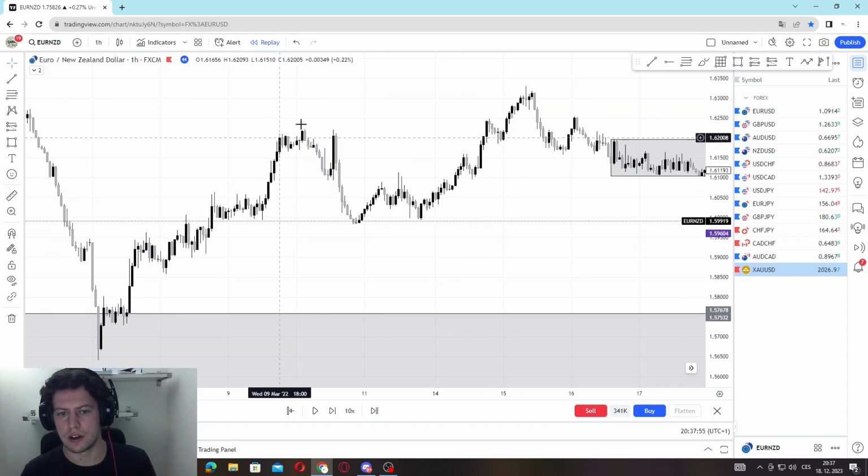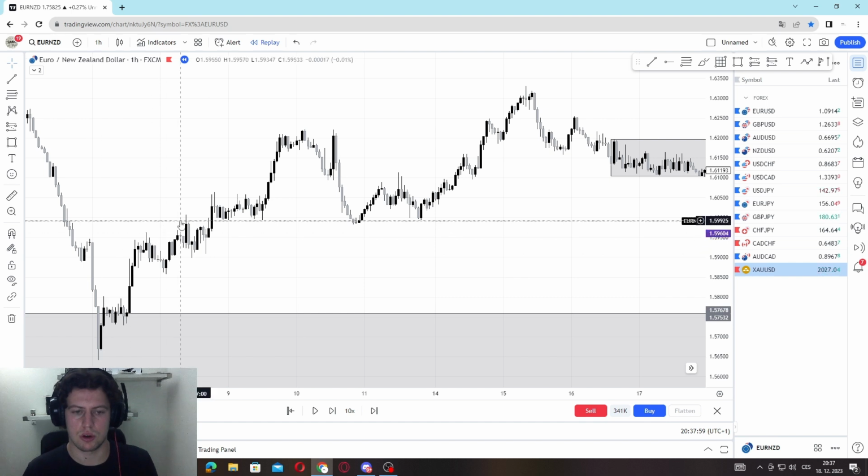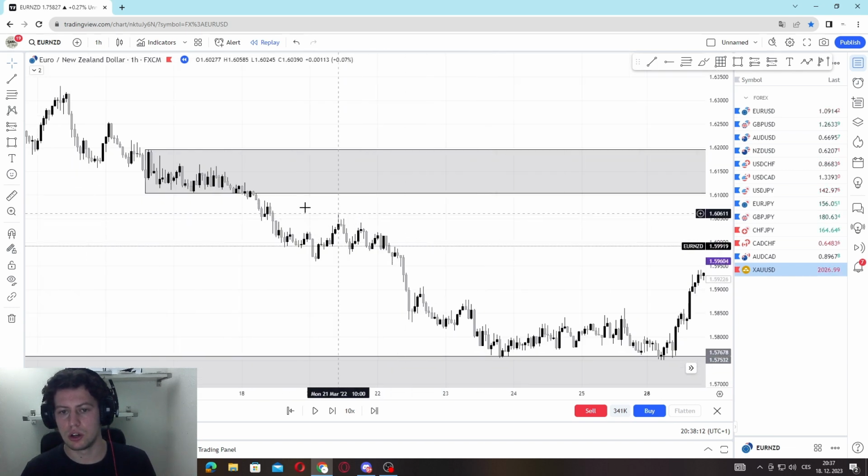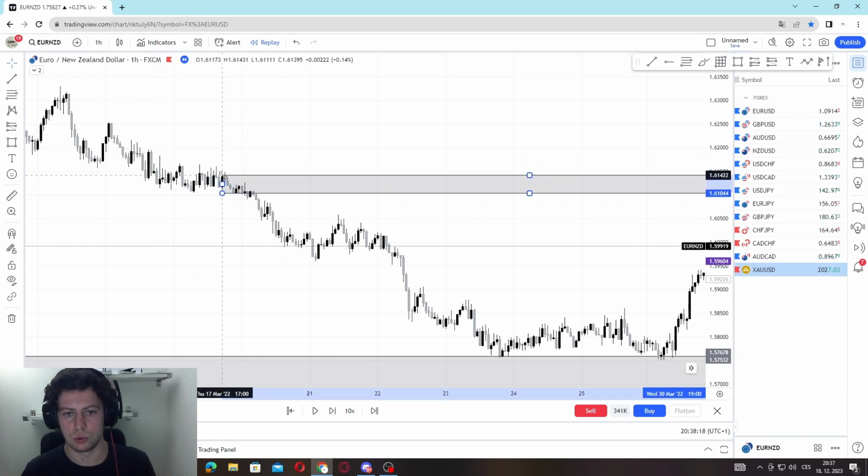So some liquidity grabs, and here is some small change of character, but the weekly or monthly trend will always be stronger than the 1 hour trend. So we refine it. This was our big zone, we refine it to this zone.